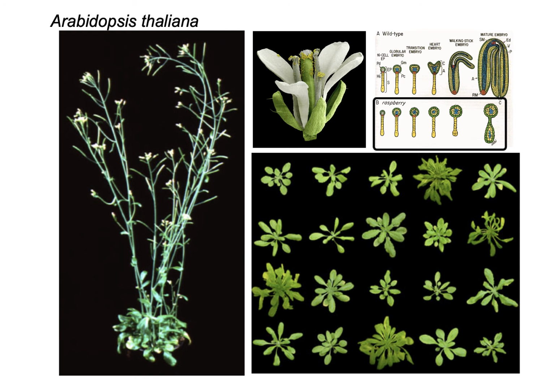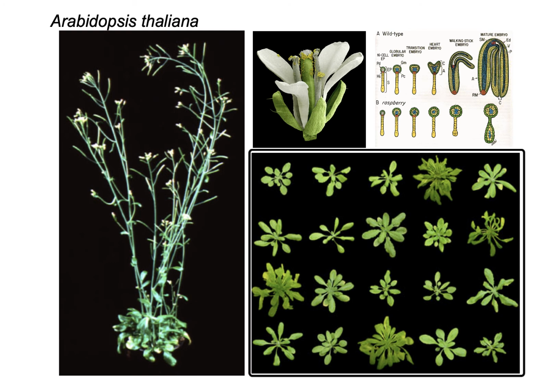Hox genes, that's a specific name for the animal homeotic genes. So these plants here are just mutants, usually varying by one gene for different homeotic type genes, or genes that are developmental regulation genes.